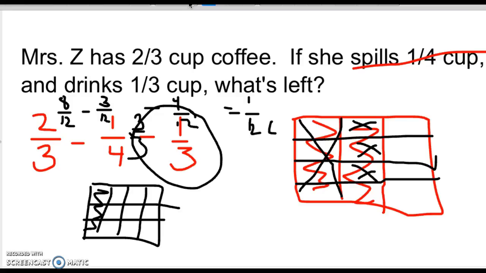So I changed 2/3 into 8 12ths, I turned 1/4 into 3 12ths, and I turned 1/3 into 4 12ths, and then I started with 8 12ths and subtracted. I had 1/12 left. If you think about the words I just said, those would be the words I would write down to explain the math choices that I made in this problem, why I made them, and what math went into finding my answer. Good luck.